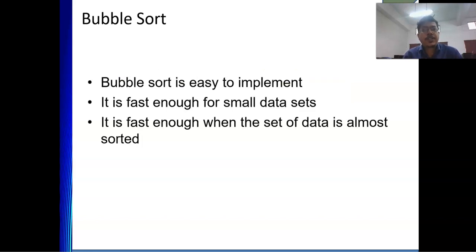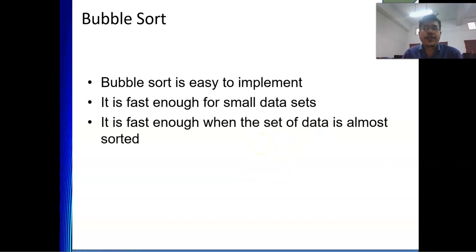Bubble sort is very easy to implement. Please remember, whenever you have a smaller set of data, always go with bubble sort, and it is fast enough when the data is almost sorted. In the next video I will show the implementation of bubble sort.